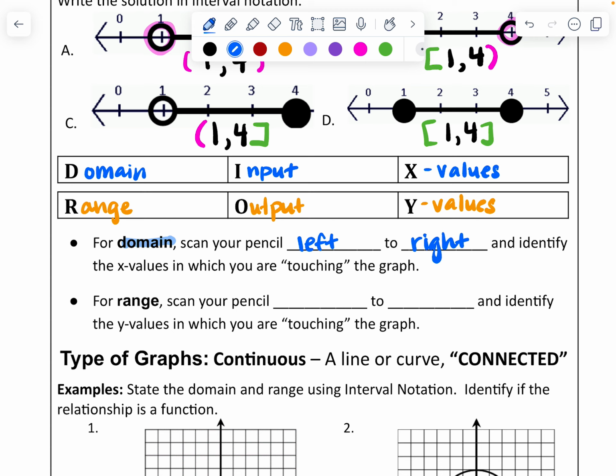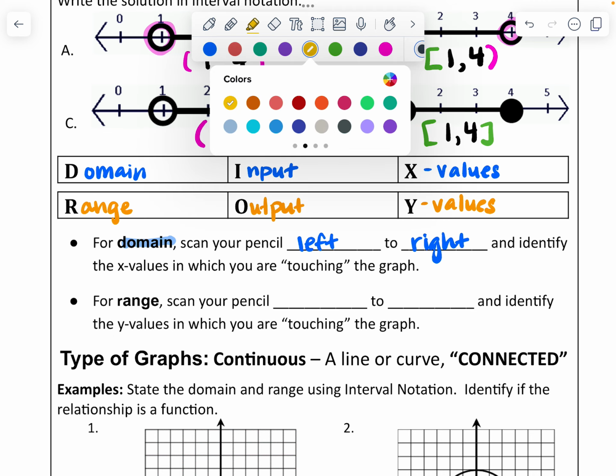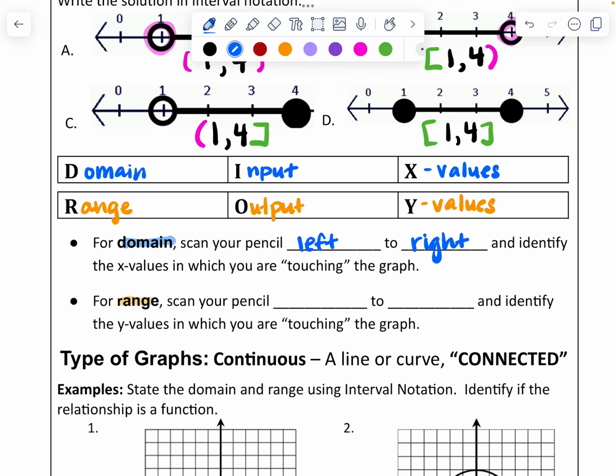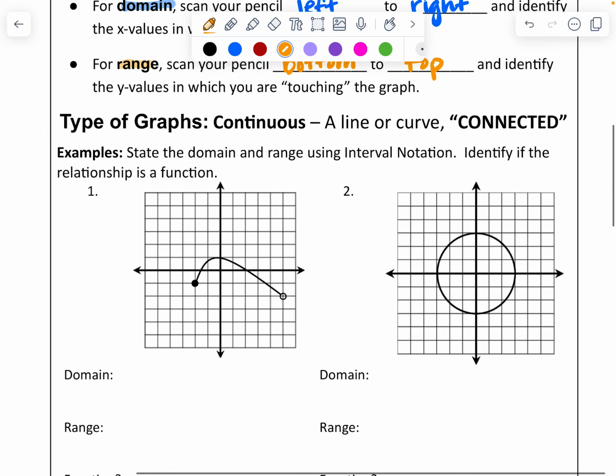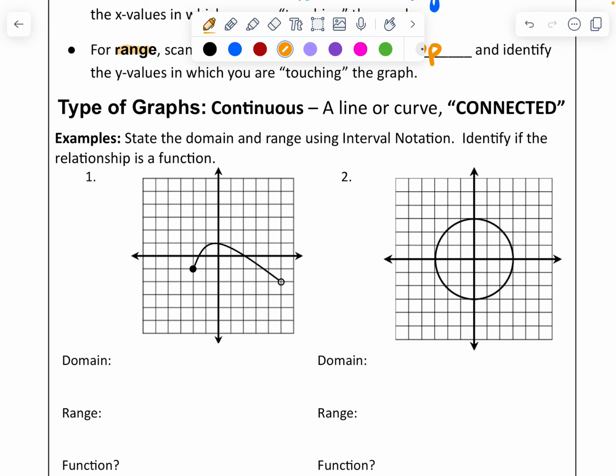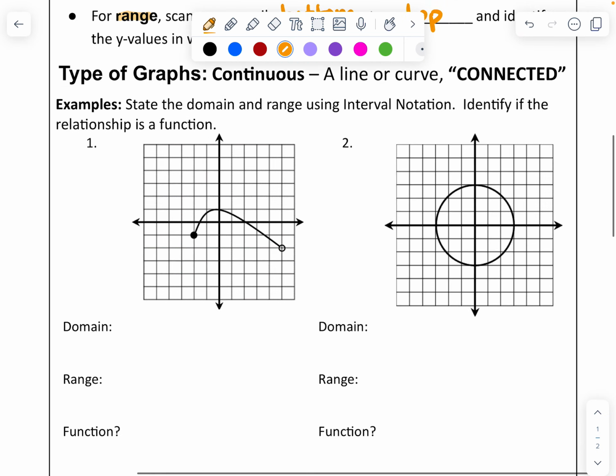So I'm going to lay my pencil down vertical, so the pencil's pointing up and down, and I'm going to scan it from the left to the right and record each time the pencil touches the graph and record that x value. For the range, I'm going to turn my pencil horizontally on my paper and scan it bottom to top, and identify the y values where it touches the graph. So basically, you're finding the outer edges of these graphs.